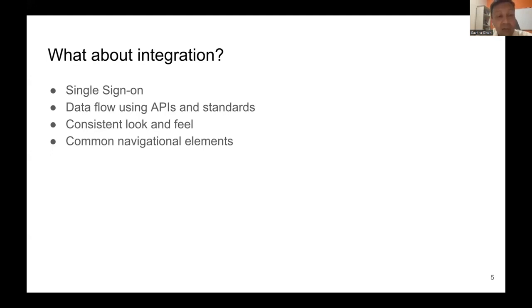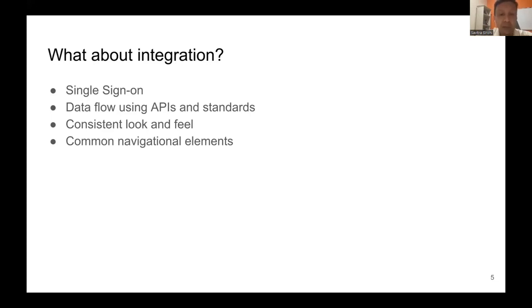Second is we knew that data would have to go from one system to another, right? There could be multiple flows from this direction, that direction. And to make sure that that would work, we knew that we had to select systems which offered APIs, application programmer interface. Okay, API means you can make a request to a system and it will return some data to you in a very simple manner, right? So we were interested in systems which offered good APIs. Also, systems which supported standards, right?